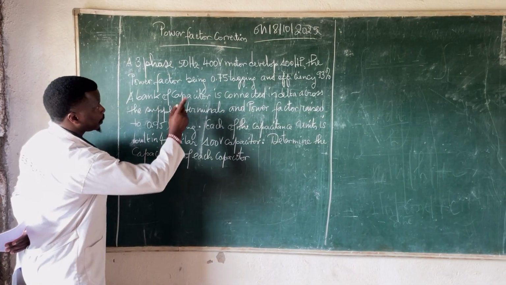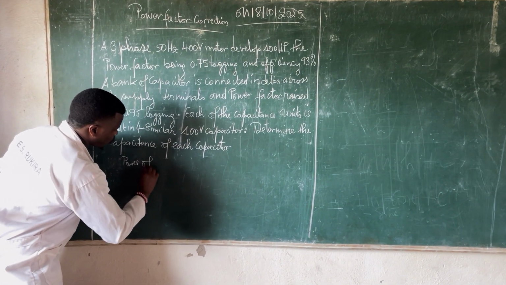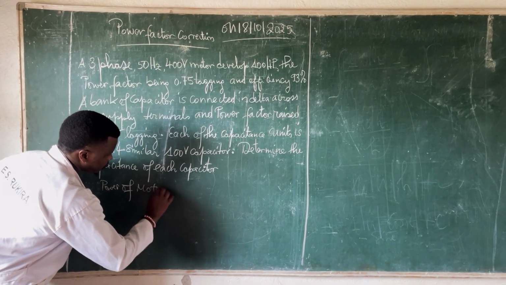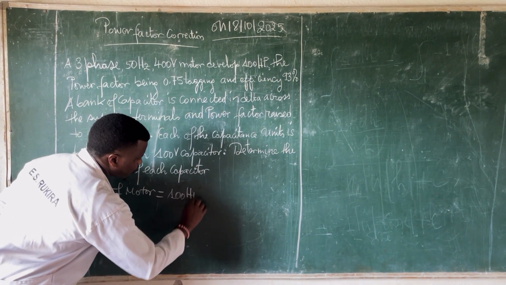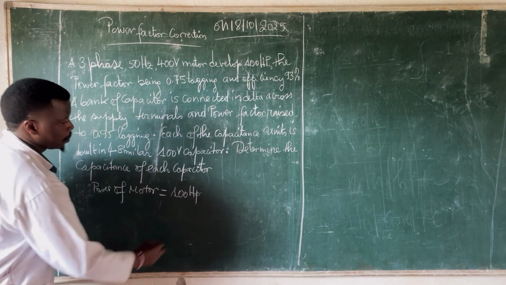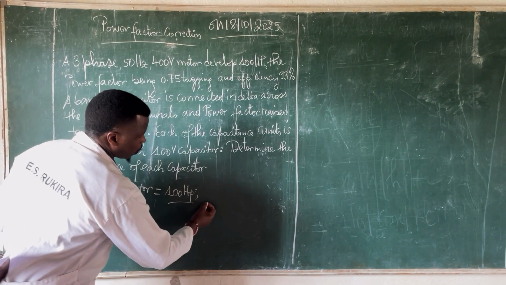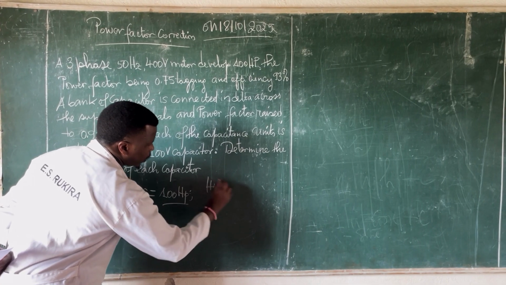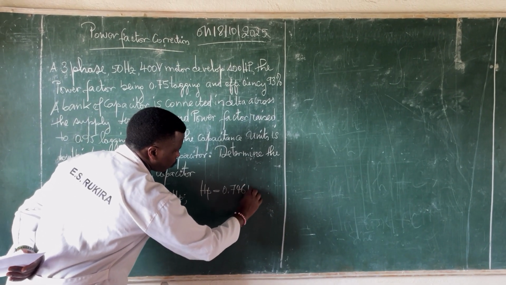We have the power of the motor, which is equal to 100 horsepower, which is not the normal unit of measurement. You need to convert to kilowatts, and you know 1 horsepower is equal to 0.746 kilowatts.